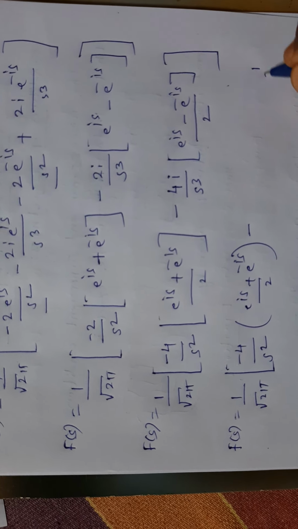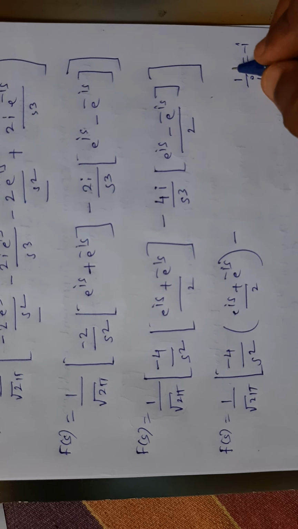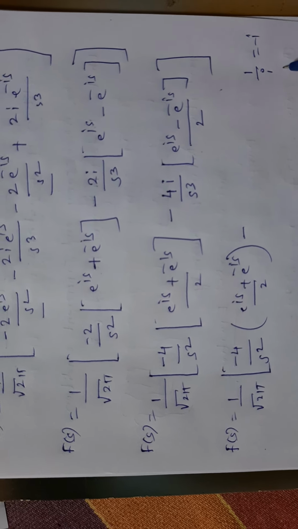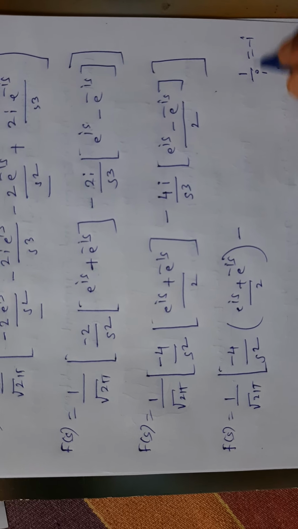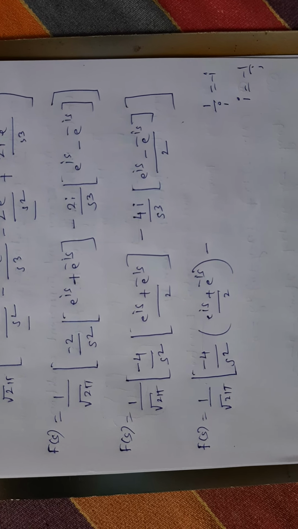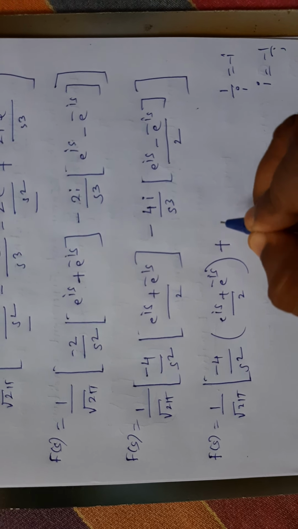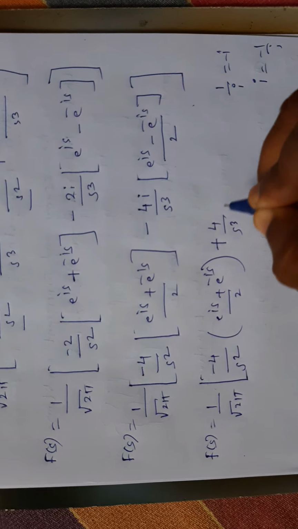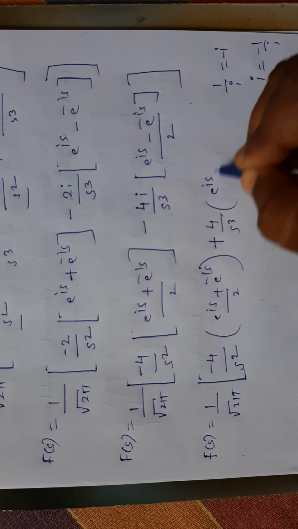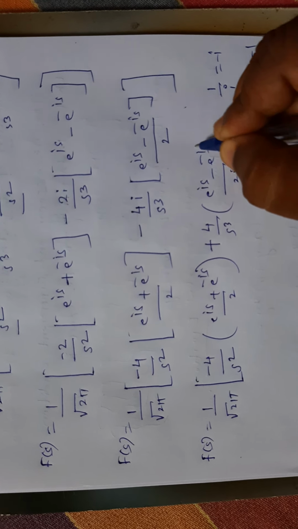We know that 1 upon i is equal to minus i, so minus 1 upon i becomes positive. So it becomes 4 upon s cube, e raised to is minus e raised to minus is upon 2 into i.